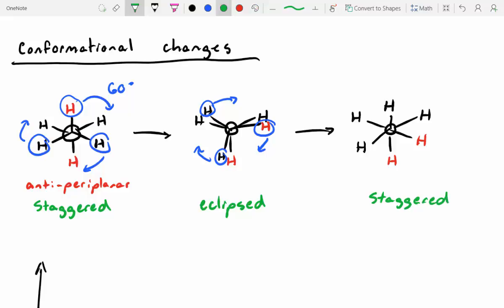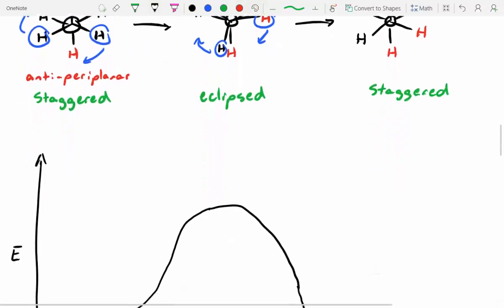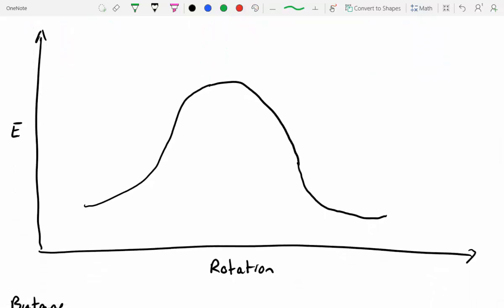The way I like to look at this is using something called an energy diagram. And an energy diagram basically tells you how much energy it takes to twist or do a reaction or do something with a molecule. So let me show you guys how I do my reaction coordinate diagram. I've got energy on my y-axis, and I've got rotation on the other axis.